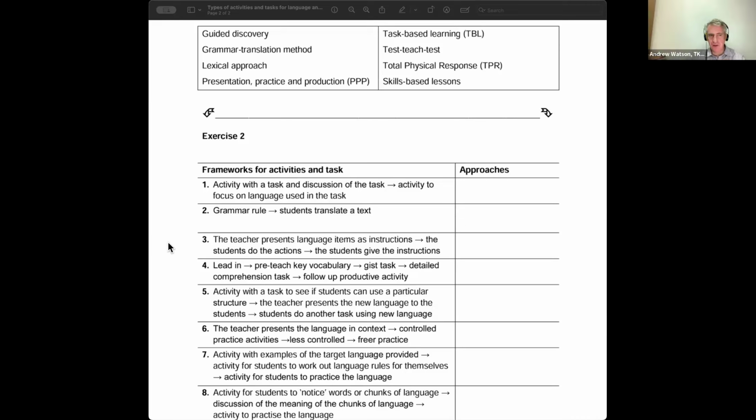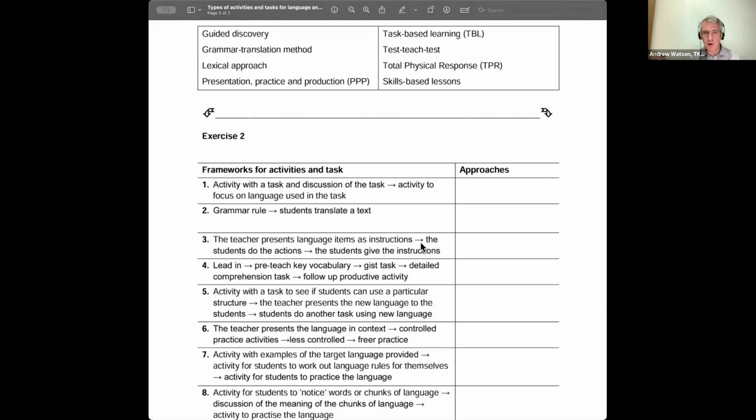So after they've done the task, it could be telling a story, making a list of the best pop albums ever, right? Then you have an activity that focuses on the language used in the task, right? So the language presentation often comes right at the end in a task-based learning lesson, after they've done a task.